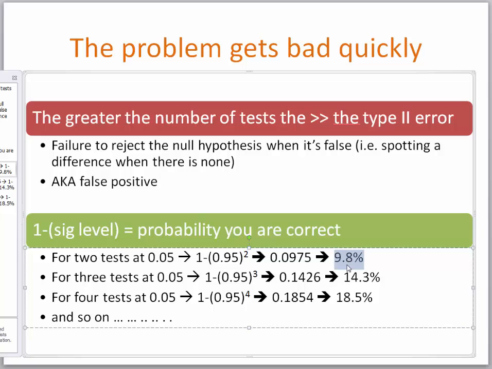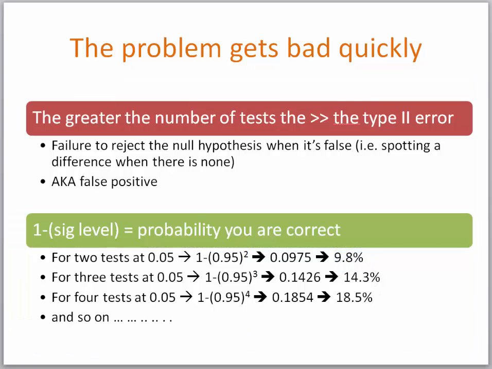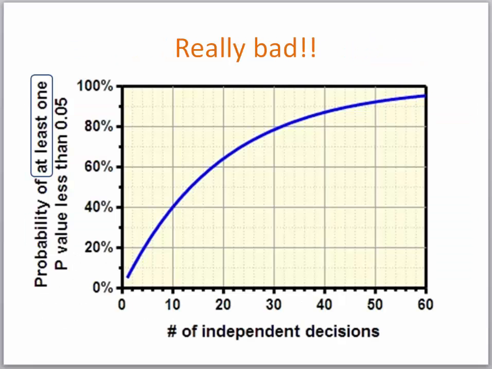So you can see that it goes up very quickly from 10%, 14 to 20%, basically meaning that in that comparison, we have a probability of finding some sort of difference, even though there's nothing there.